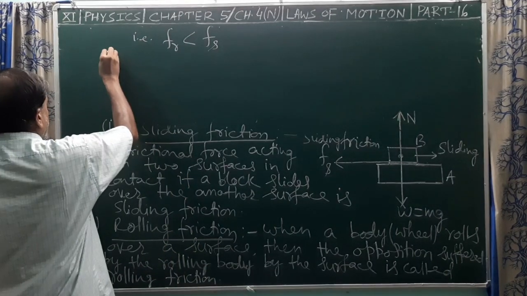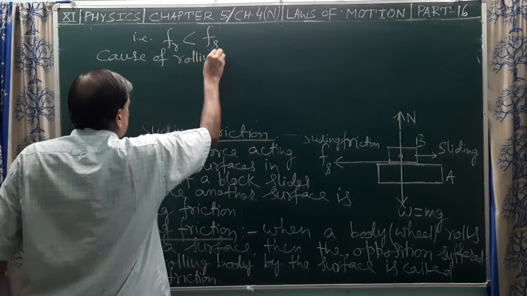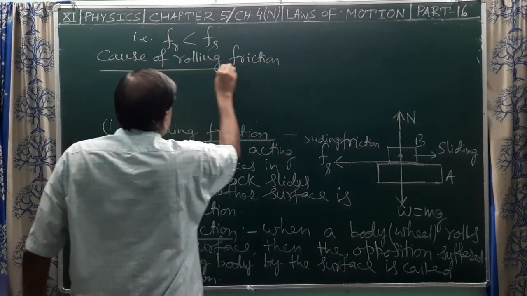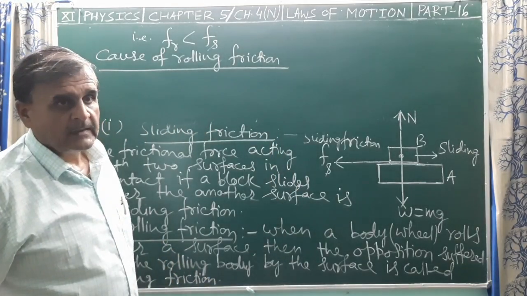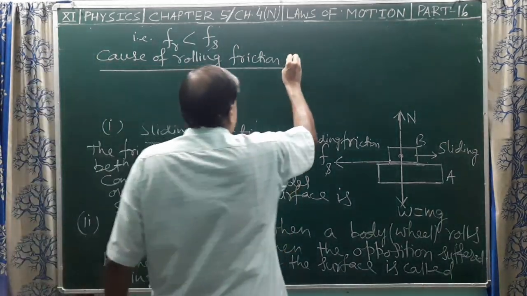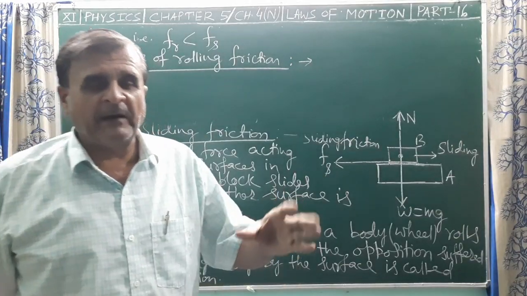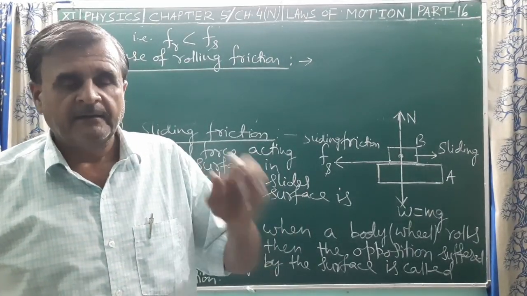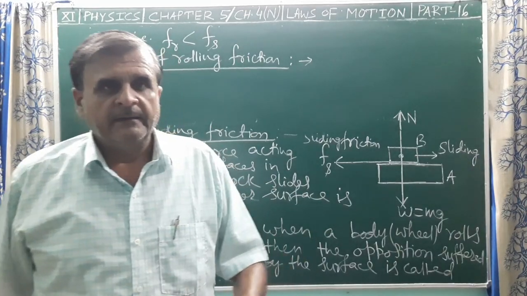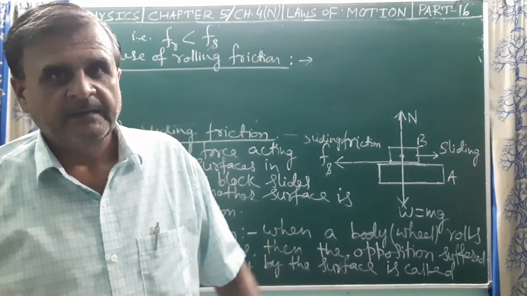Now, cause of rolling friction. What is the cause of rolling friction? When a body, say a wheel, rolls over a surface, it depresses the surface under it. Therefore, a bump is formed ahead of the depressed part of the surface.